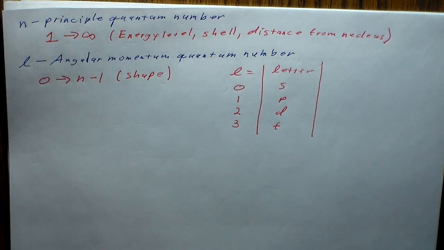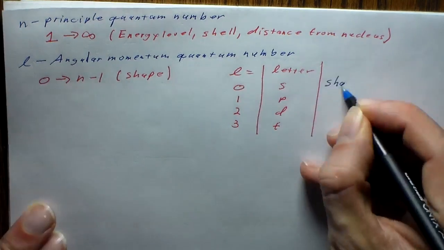So they used some terminology to describe them, so when somebody else was looking at them, they could know what they were actually looking at and if the lines were coming from a similar element or there was something else going on. One of the ways they described them was sharp, principal, diffuse, and fundamental. When they started naming the orbitals, the letter nomenclature just stuck. So it's basically just for historical reasons.